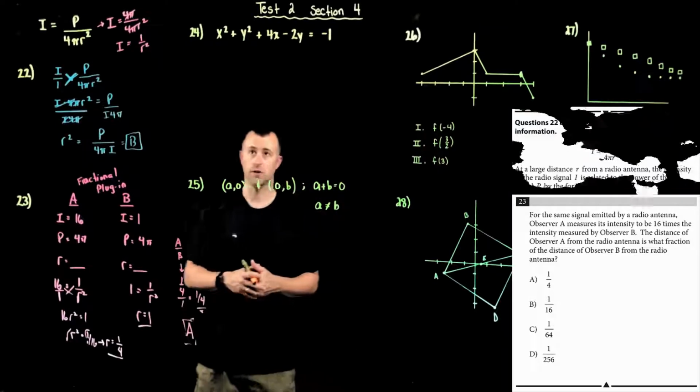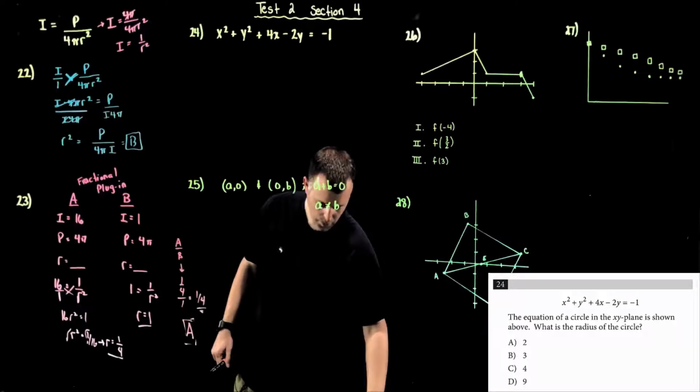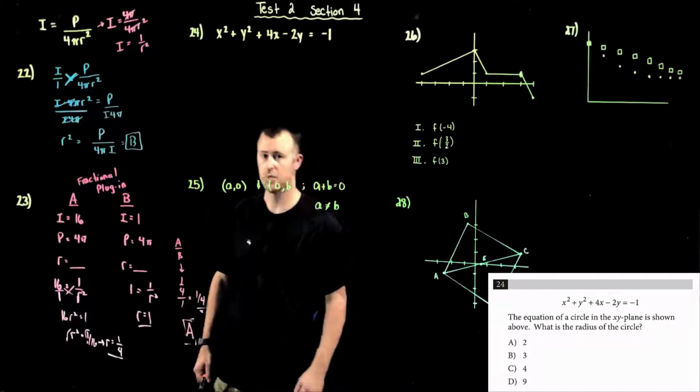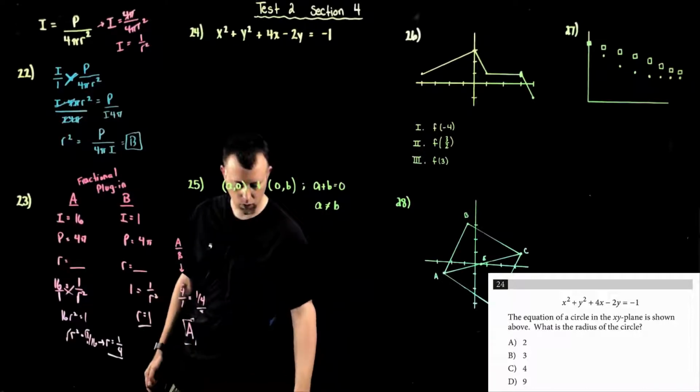So 24, this is something that is very useful to know for the SAT because these tend to be harder questions and people don't remember the formula or the algebra required to solve these problems.